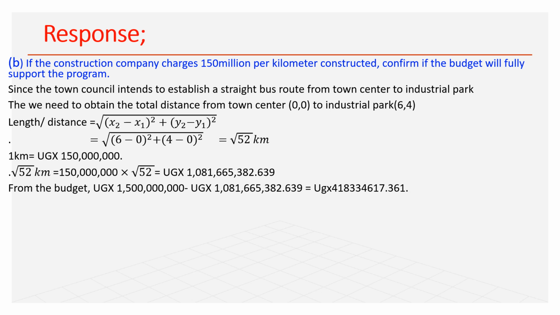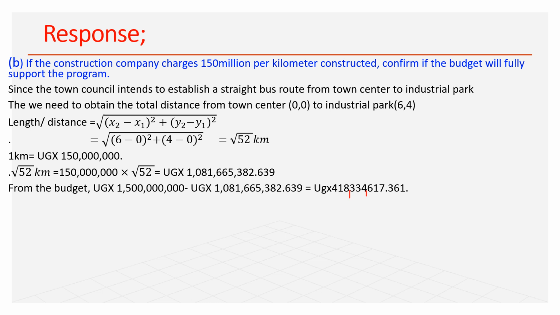Then we can deduct the money meant for the project, and then we can see that the town council is left with some good money. If we create these commas here, this is some reasonable money that we can use and set up something, unless it goes to a different pocket. This is beyond even 418 million, 334,617.361.